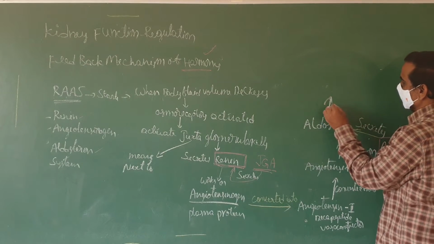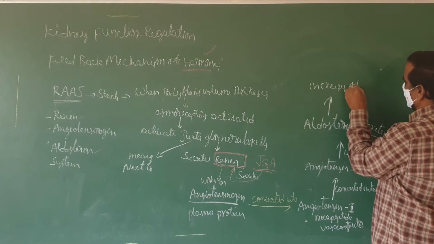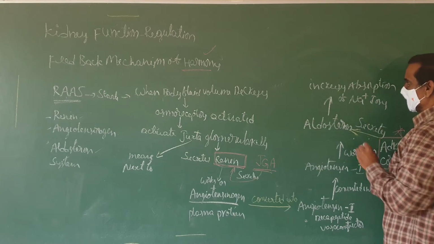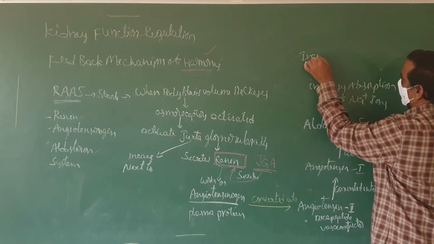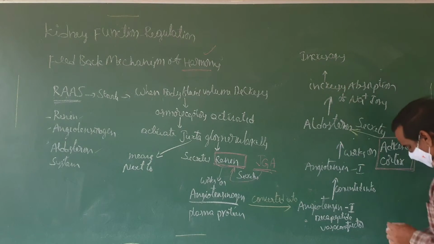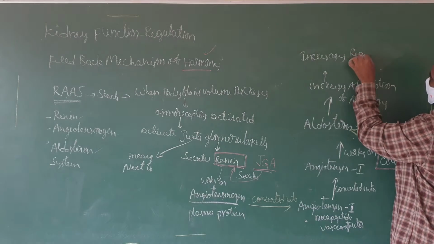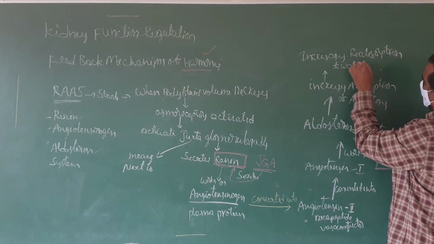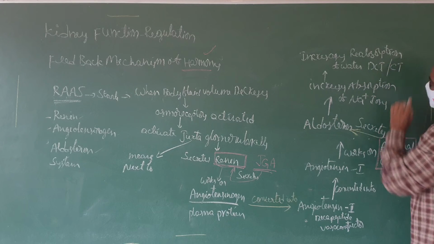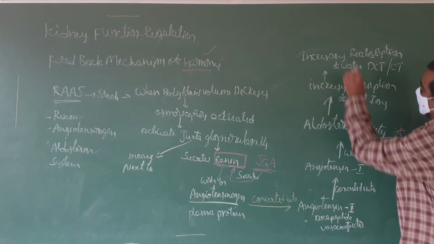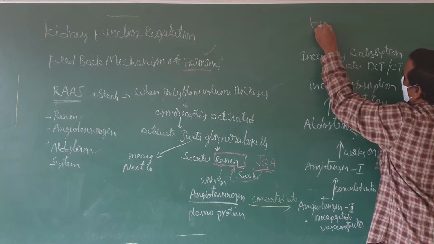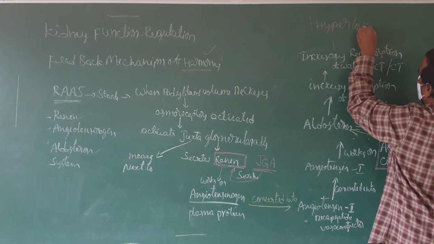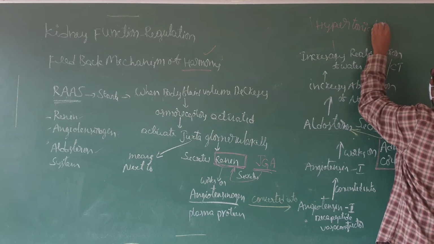This aldosterone increases absorption of Na plus ions and increases reabsorption of water in DCT and CT. Finally, which kind of urine is excreted, that we have to see. Finally, hypertonic urine.